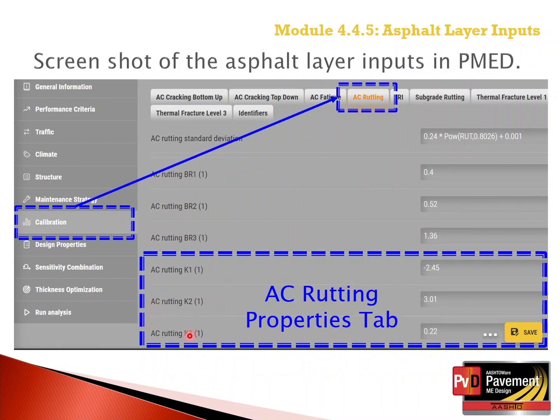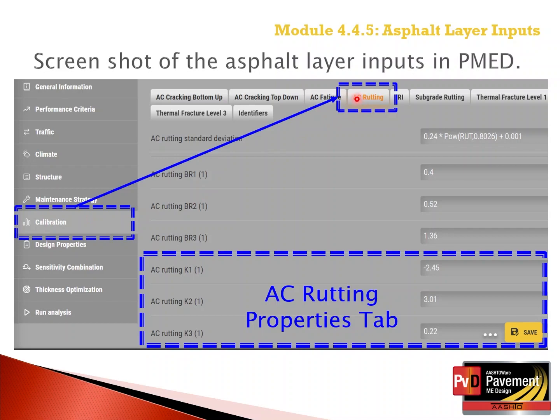The AC rutting properties tab includes the asphalt rut depth or plastic strain coefficients that are defined as K1, K2, K3. These coefficients are also under the calibration folder, but under the AC rutting tab.